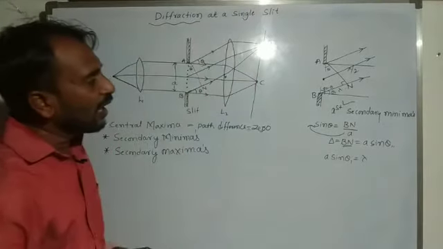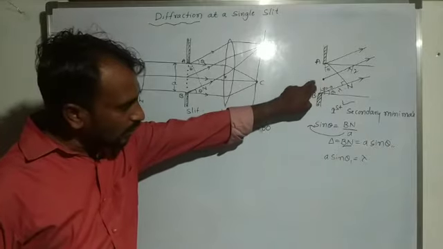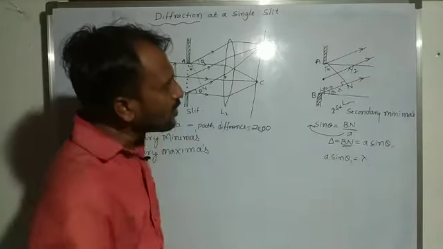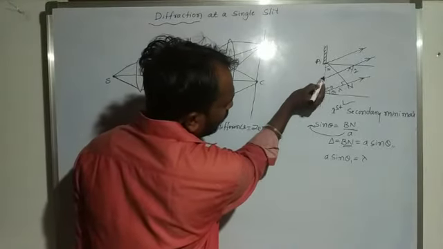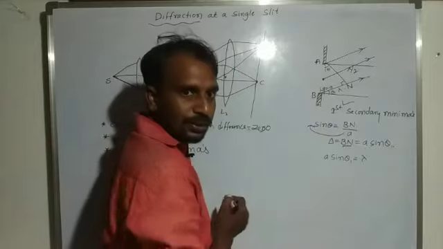When we make the slit into two equal parts, the path difference we get is lambda. In between, the path difference is lambda by 2, and the other in between path difference is also lambda by 2.